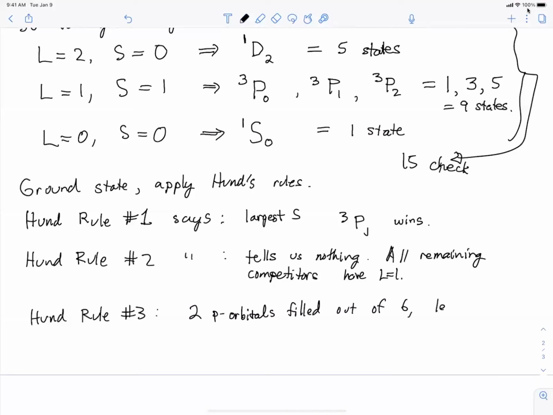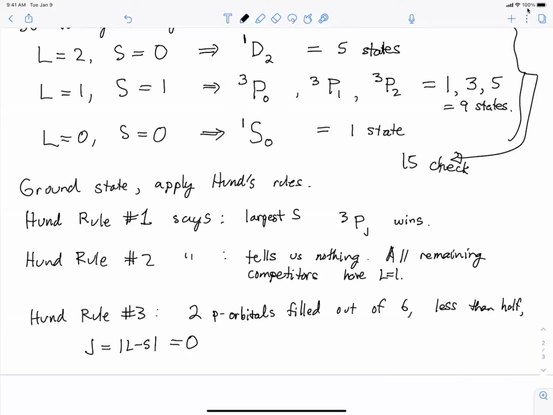So it's less than half filled. And so that means that the J is going to be the smallest thing it can be, namely the absolute value of L minus S, which in this case is 0. Okay, and so that selects that the ground state is actually this 3P0.